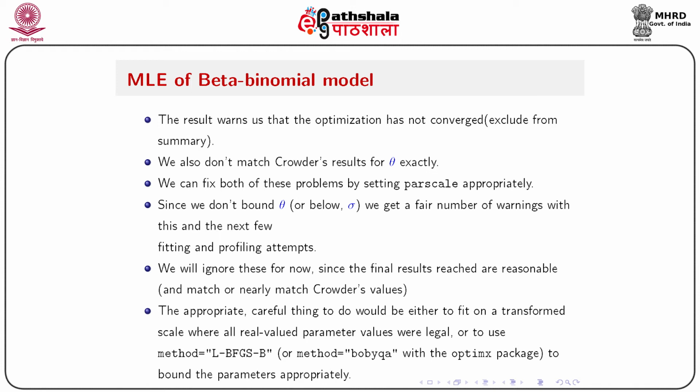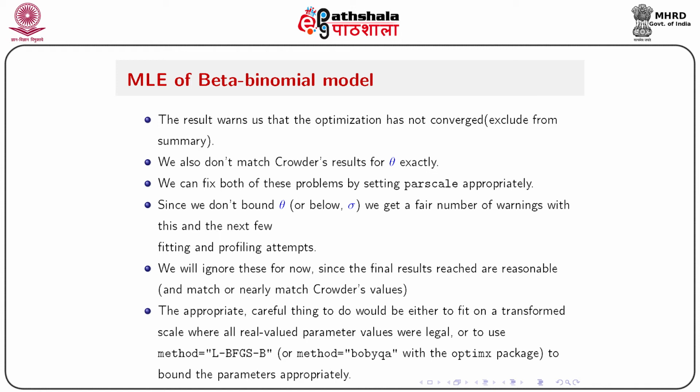Since we don't bound theta, that is below sigma, we get a fair number of warnings with this and the next few fittings and profiling attempts. We will ignore these for now, since the final results reached are reasonable and match or nearly match Crowder's values.